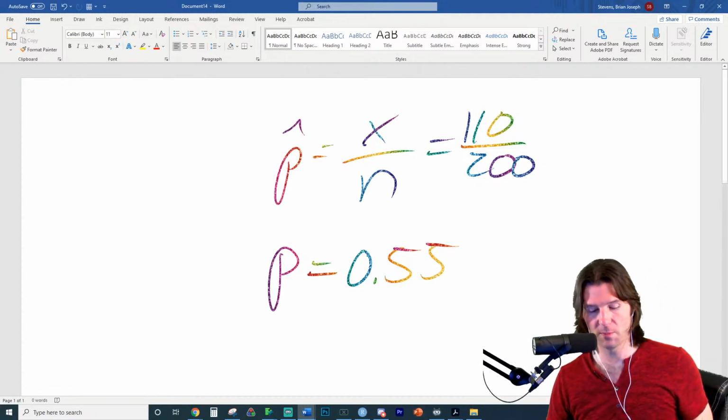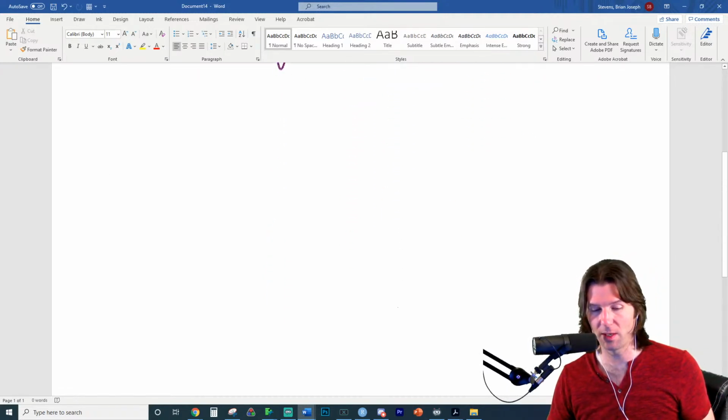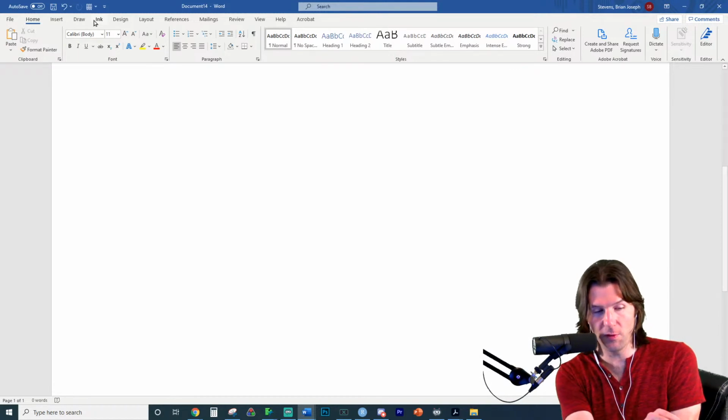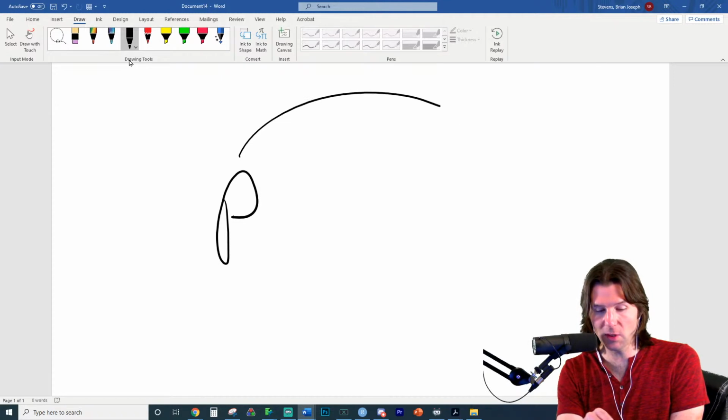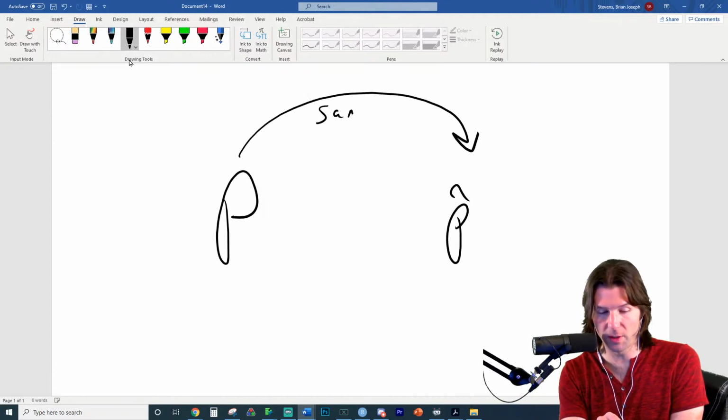So here's a really big concept, Charlie. You ready? If you have p, you can ask what happens when you look at p hat. This is the sampling distribution.